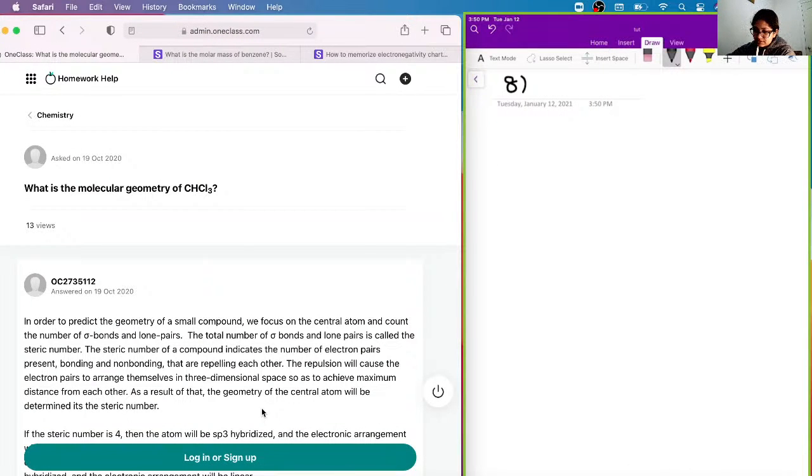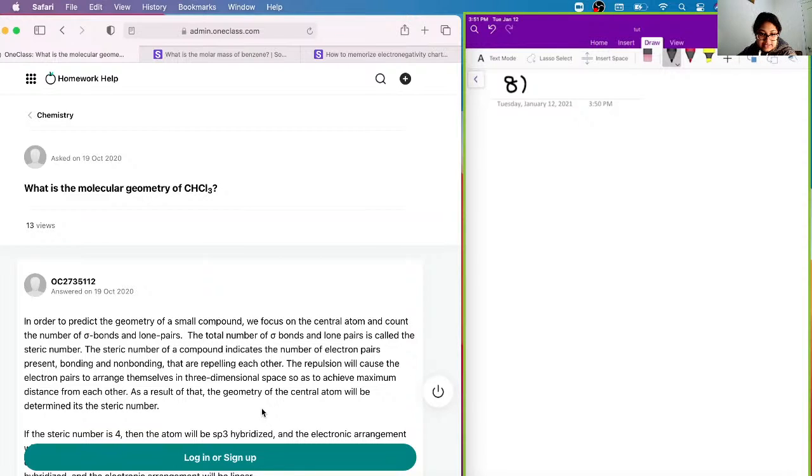Okay, so our next question says, what is the molecular geometry of CH3CHCl2? And so as it's stated here, in order to predict the geometry of a small compound, we focus on the central atom. So in this case, it would be carbon, and count the number of sigma bonds and lone pairs. And so the number of sigma bonds and lone pairs is called the steric number.